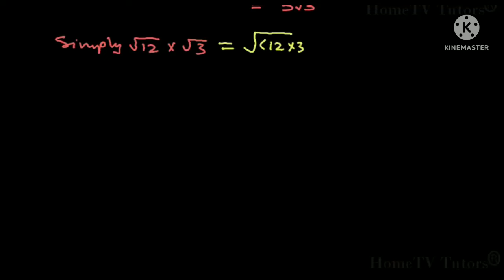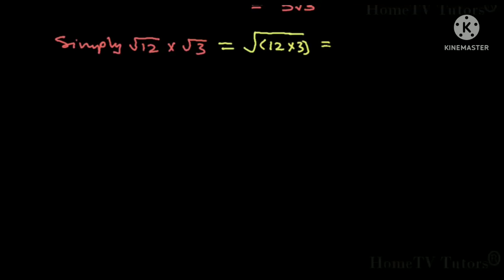Now let us simplify square root 12 times square root 3. Right, so we rewrite this as the square root of 12 times 3, because at first glance you can't work this out.